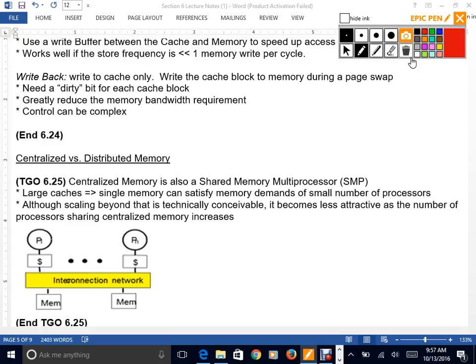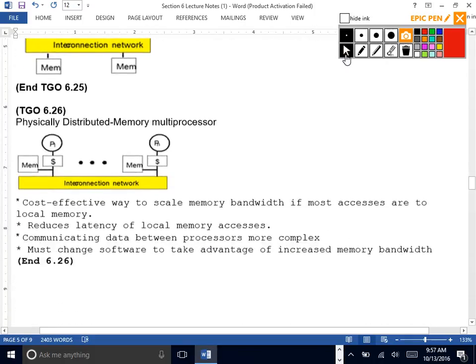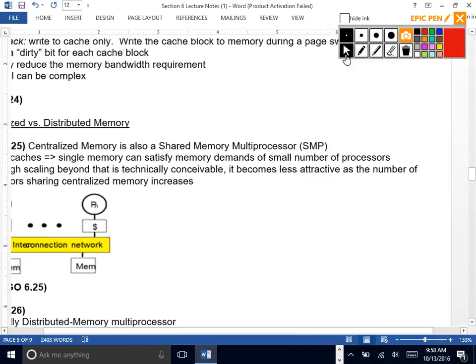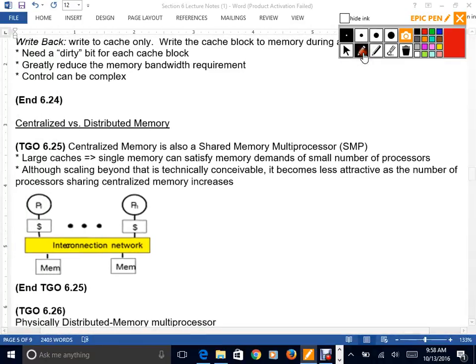All right, so centralized versus distributed memory. Centralized memory is also known as a shared memory multiprocessor. I included that because you'll see SMP a lot when you're doing the Tensilica labs, so I want to make sure you understand that centralized memory and SMP are the same thing.